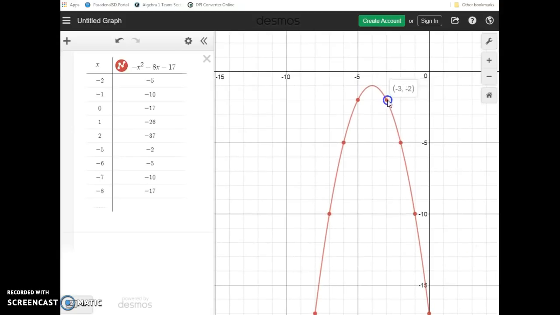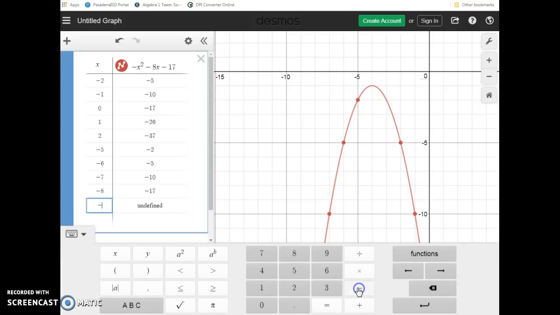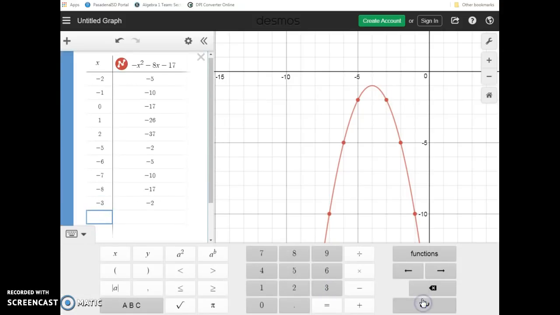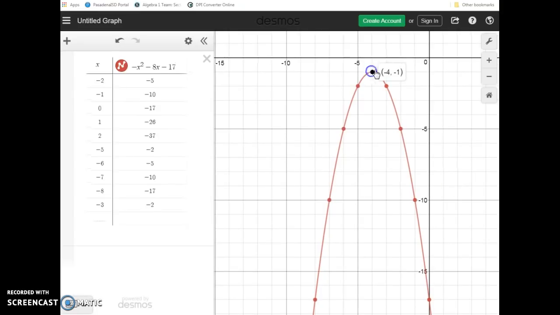If you want this one, you can hit -3. So now you have 1, 2, 3, 4, 5. I would pick these 5 points because they're right next to each other and it forms the quadratic.